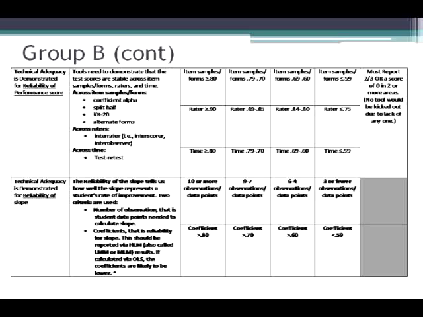Next, reliability of the slope was evaluated. It needs to be calculated on a sufficient number of repeated administrations so that it's consistent with the definition used for progress. And there were also considerations of how the reliability for the slope might be calculated. So within the justification, there's a little bit of a description of what to look for and how to judge it, and see the standards for coefficients.